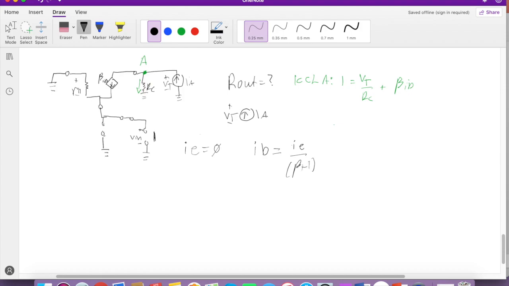Clearly here, IB is going to be equal to 0. So that means IC, which is beta IB, will also be equal to 0. So essentially, the circuit that we have remaining will be like this.